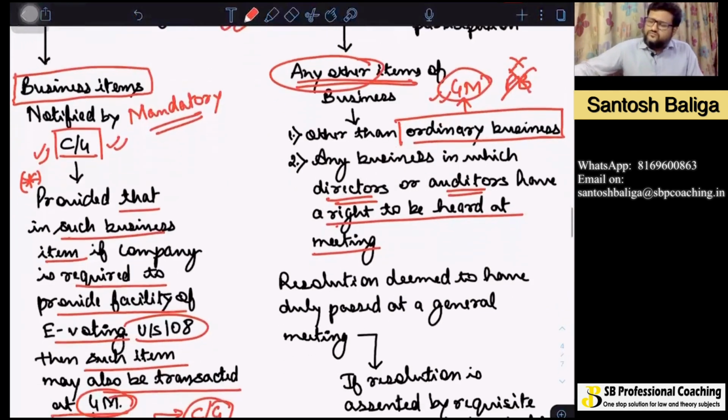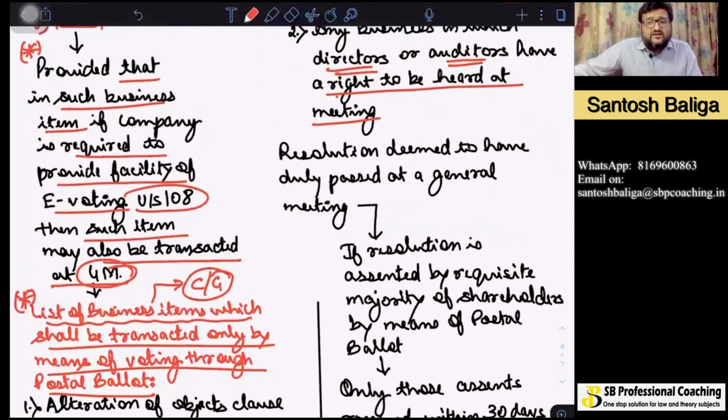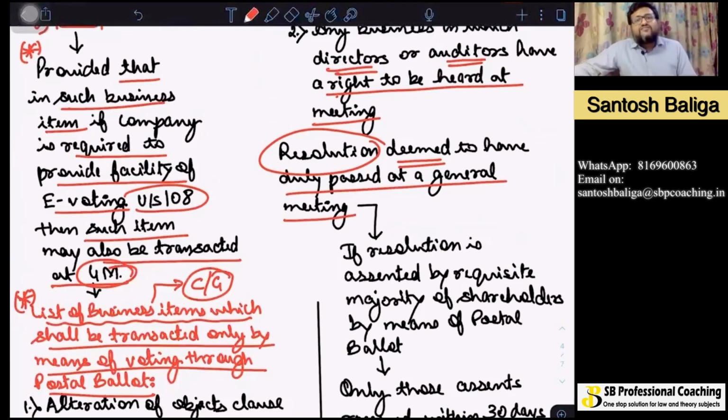Now, one more important point is resolution passed by postal ballot will be deemed to have been duly passed at the general meeting itself. So it will get the status as if it is passed in the general meeting, provided that the votes for assent is more in favor than the votes for dissent.